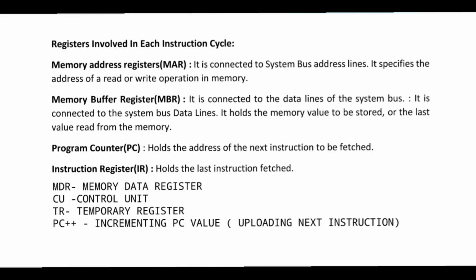Then here is the MDR, memory data register. It only holds the data. It can't hold the instruction or the address. The memory buffer register can hold both data and instruction, but the memory data register only holds data and the instruction register only holds instruction.